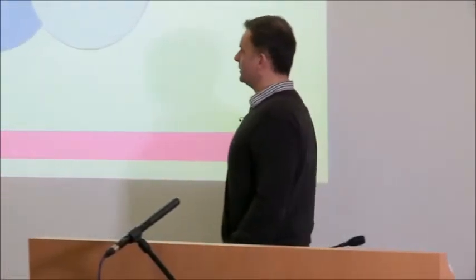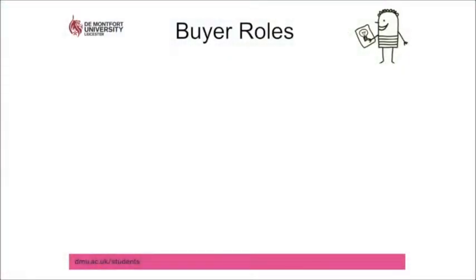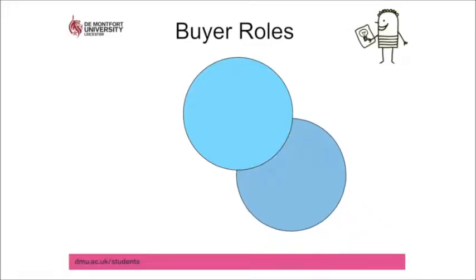So, with the thought that we're going to market Honey Smacks, and I hate that product name, Honey Smacks to children, I want you to keep that in your mind while we think about, very briefly, buyer roles. When you buy something, or when you try and sell something, there are 3 different roles within that.